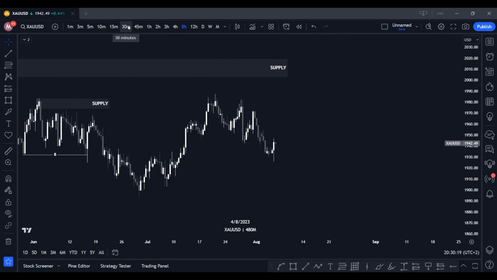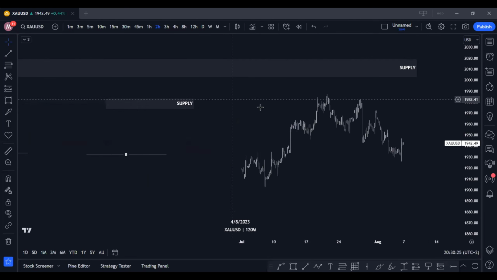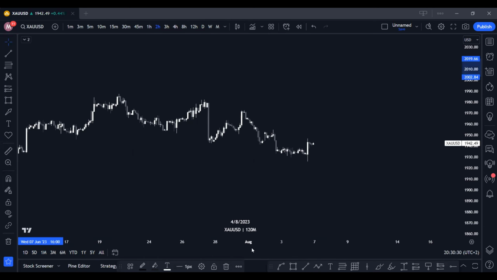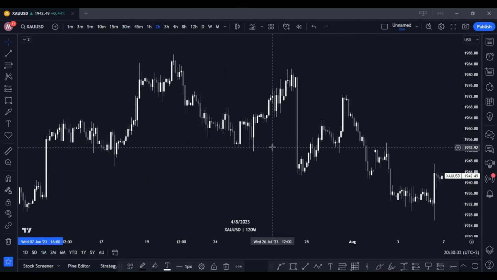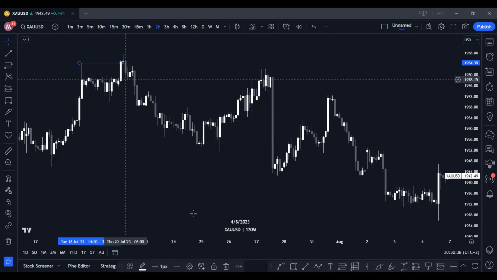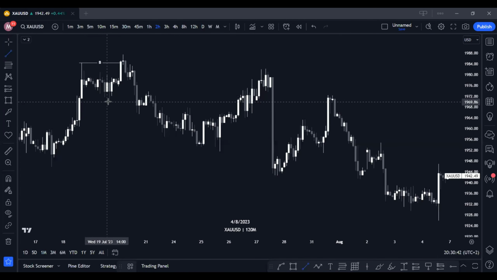Let's move to our 1-hour chart or our 2-hour chart. This is the high time frame supply. This is what we have here. We have this beautiful break of structure here, and we have this change of character here.